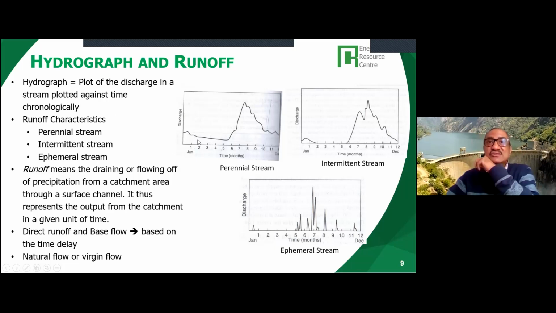You can plot this on a daily, monthly or yearly basis. Now, there are basically three types of runoff situation, okay? Some rivers are perennial. You have flow in the river all 12 months. So these are rivers with sizable catchments and sizable rainfall.